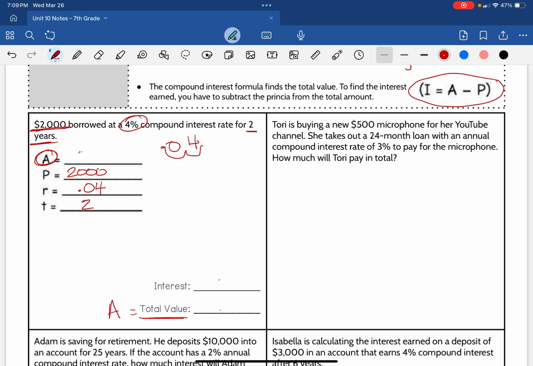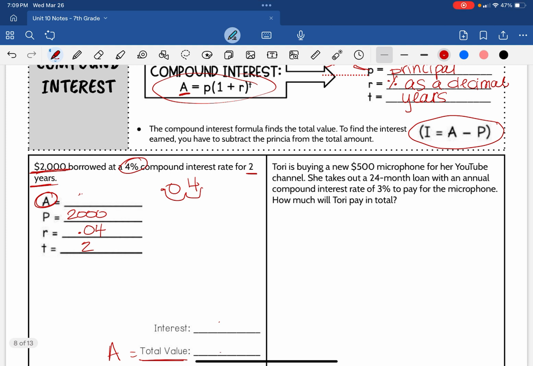So let's plug all this into the formula. A equals, I'm just going to rewrite it, P times 1 plus R to the T. Okay, so let's plug this in. A equals 2,000 times 1 plus 0.04 to the second. Now, PEMDAS tells us we have to do this first.